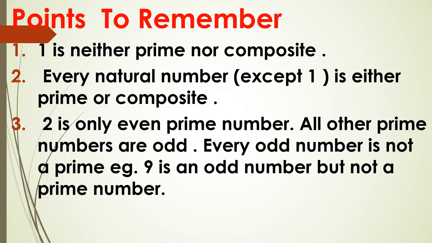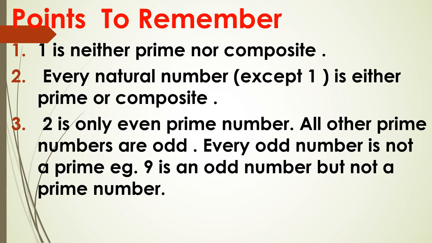All the other prime numbers are odd. But it does not mean that all the odd numbers are prime. Remember, listen carefully to what I am saying. All other prime numbers are odd, but every odd number is not a prime. See the example, 9 is an odd number. It is not divisible by 2, but it is not a prime number.